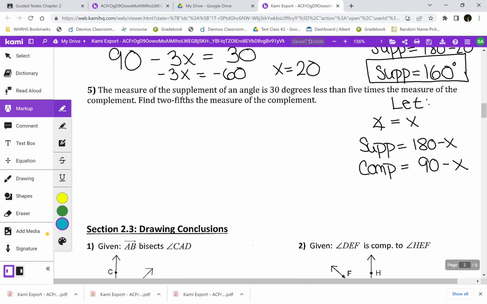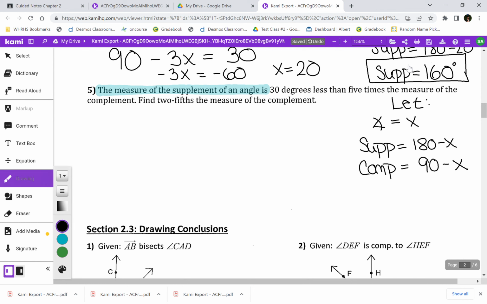Matt, it says the measure of the supplement of an angle is. What do I write for that? Equals. All right, what before the equals? It says the measure of the supplement of an angle is. 180 minus x. Good. 180 minus x is, which means equals.